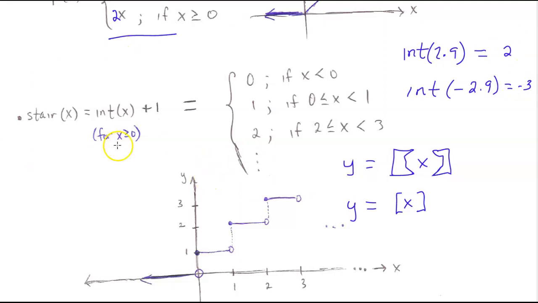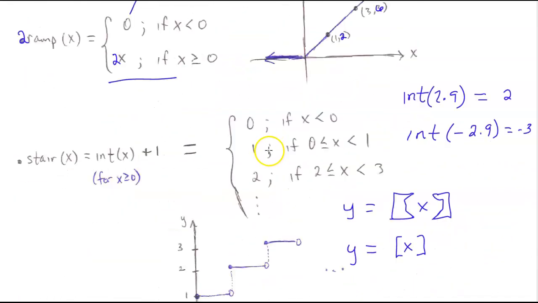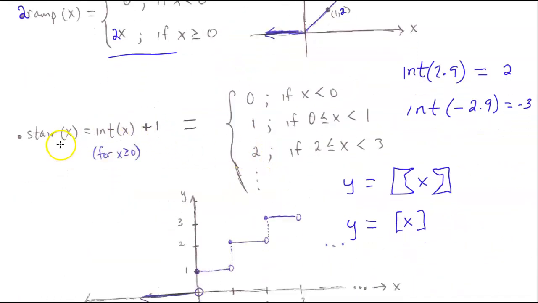So in essence, the integer function looks like a stair step. It looks a lot like what you see here. It's like your step function, but you just continue on building steps on top of steps on top of steps. And so specifically, the basic stair function is just the integer function with a vertical shift of 1 unit.